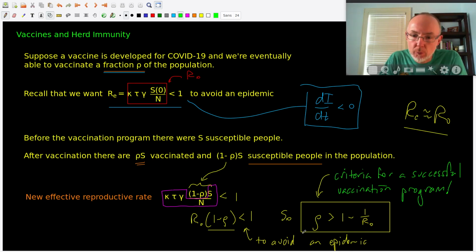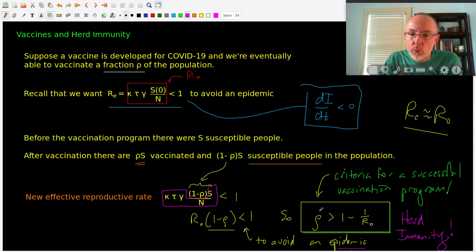Because a successful vaccination program is going to avoid the disease becoming an epidemic, which means we need rho to be bigger than 1 minus 1 over R sub 0, R naught. R naught is our basic reproductive number. It's a property of the disease. This is what's known as herd immunity. You've vaccinated enough of the herd, enough of the population, to avoid the disease becoming an epidemic.